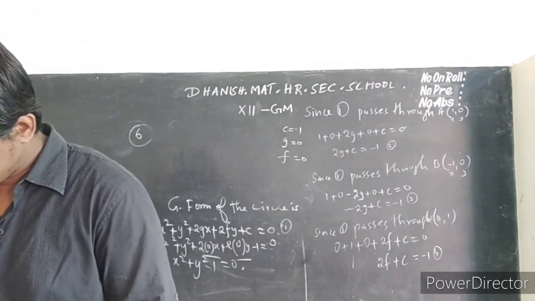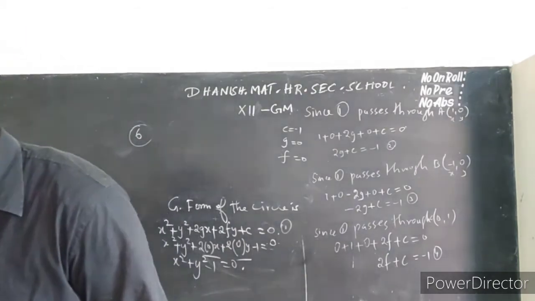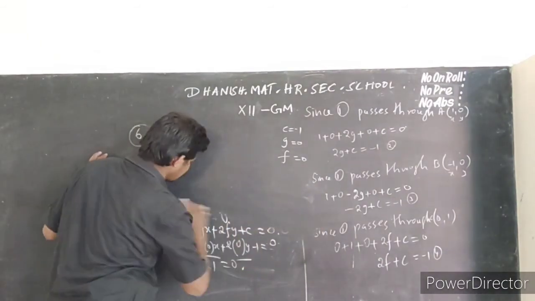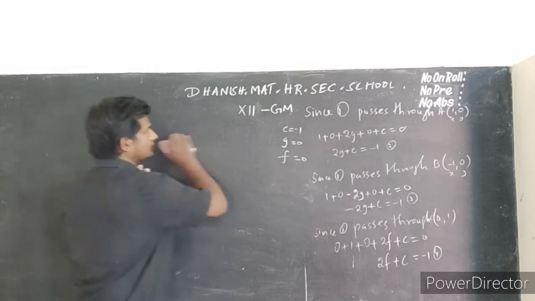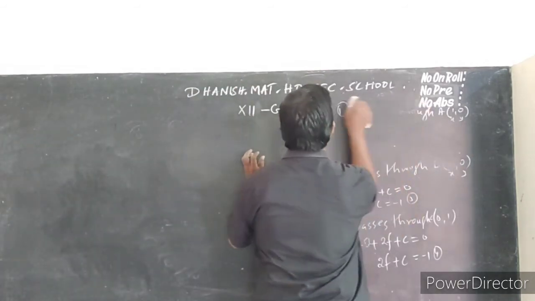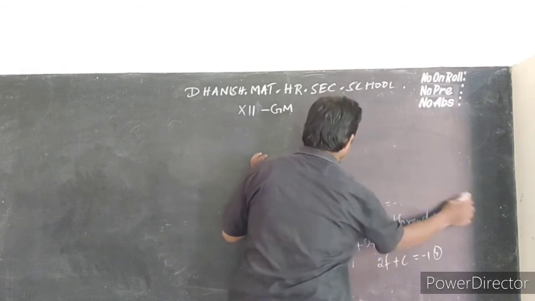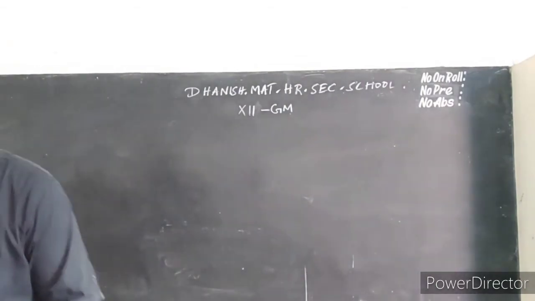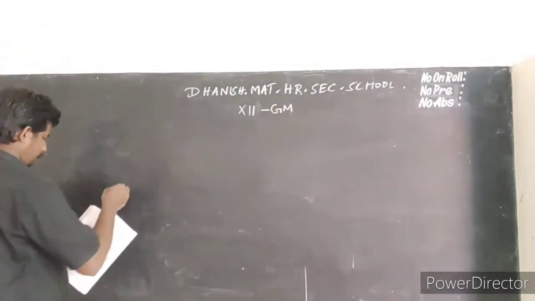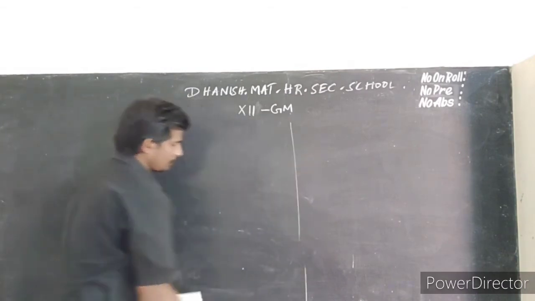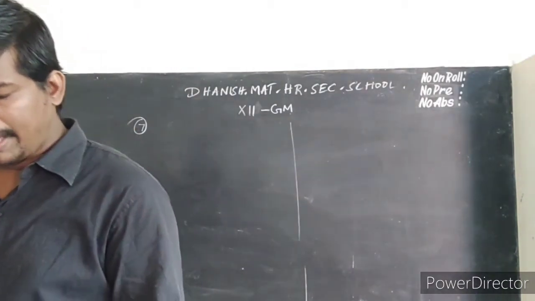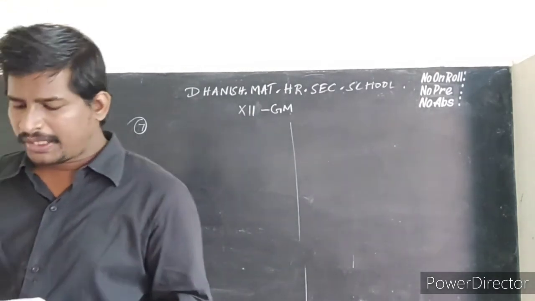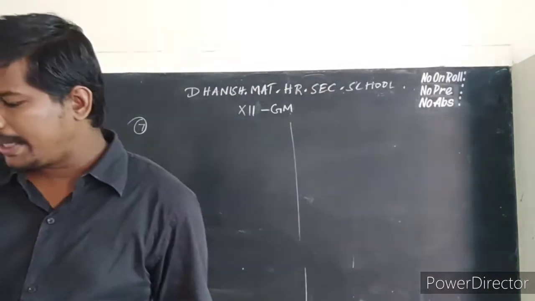Now look at problem number 7. A circle of area 9 pi square units has two of its diameters along the lines x plus y equal to 5 and x minus y equal to 1.